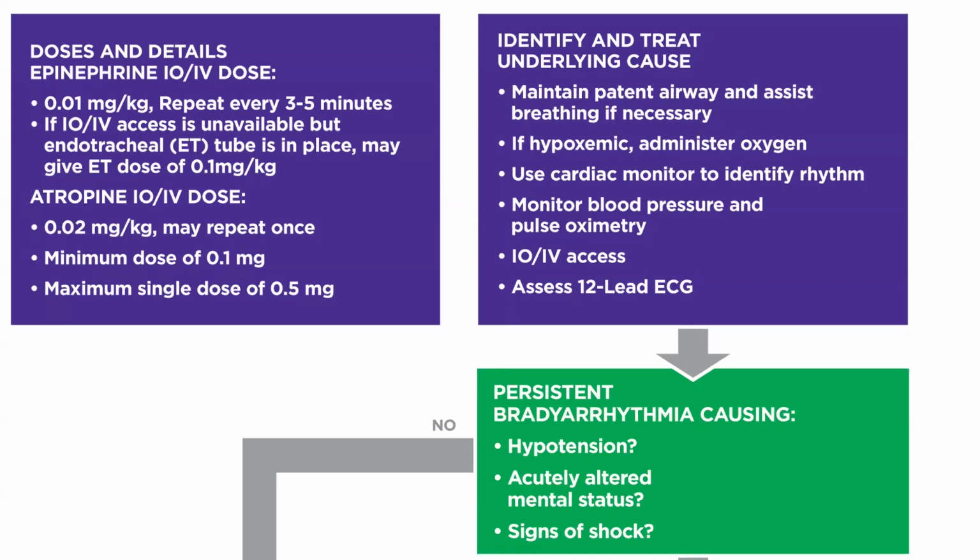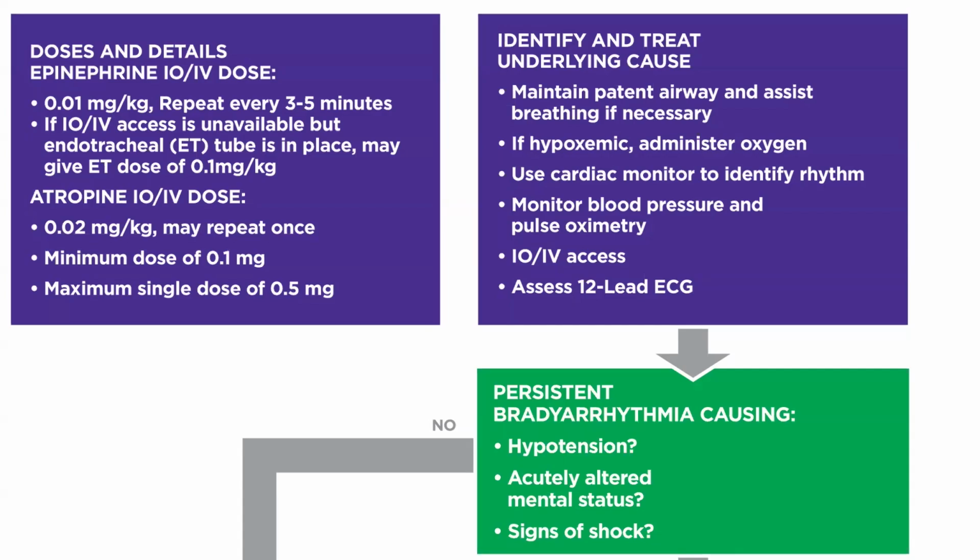When you do an IO, intraosseous line, make sure you use the electronic drill method. That is much more successful than the manual one because it tends to slip and as a result it is wrongly placed. If it is wrongly placed, the medication you give does not get into the bloodstream, and as a result you have a bad outcome.